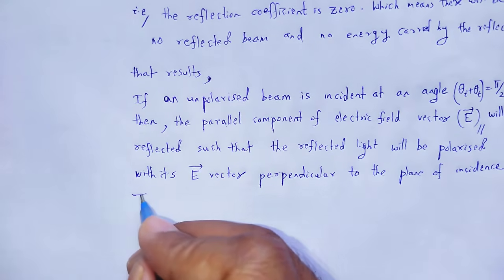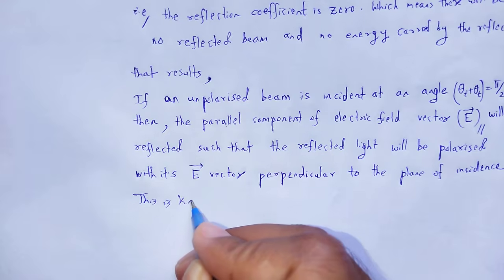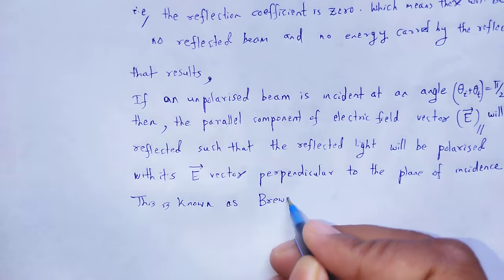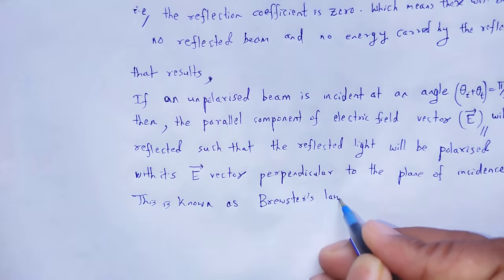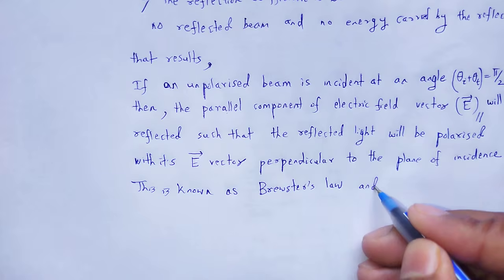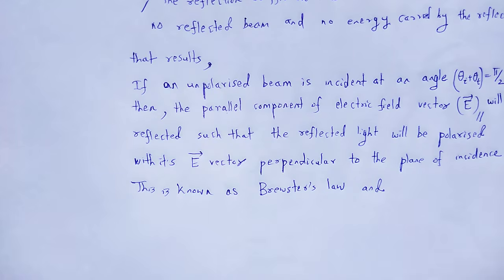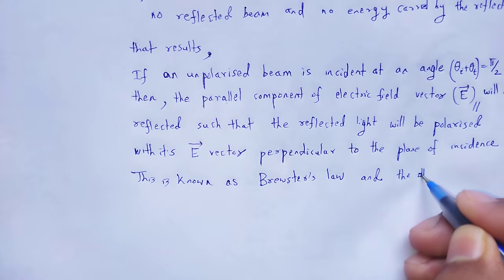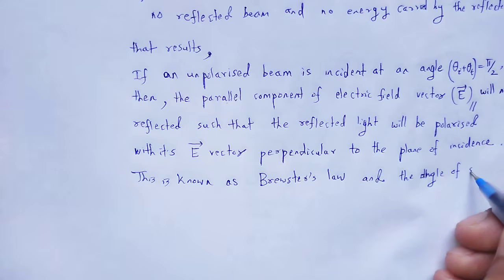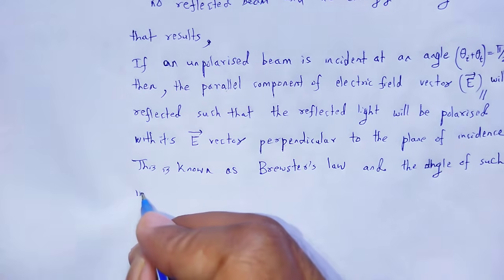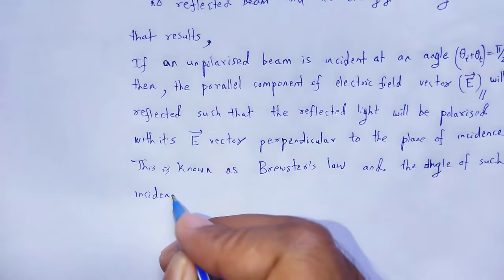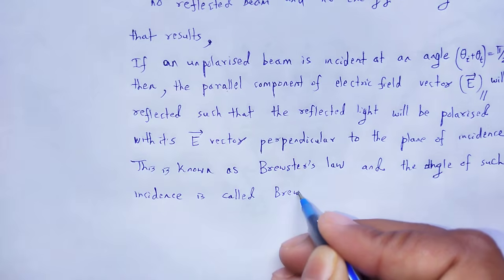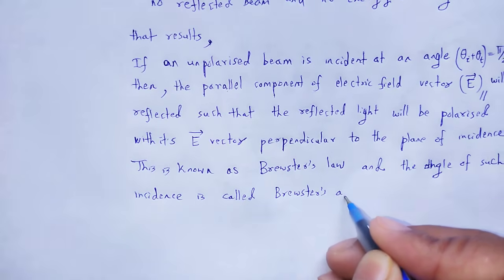This is known as Brewster's law, and the angle of such incidence is called Brewster's angle.